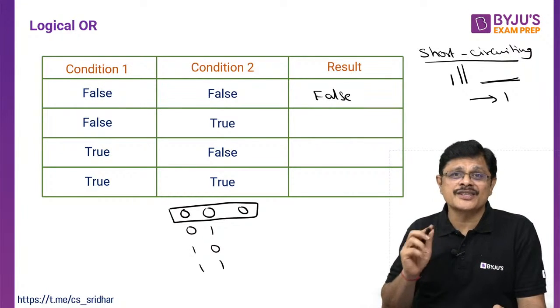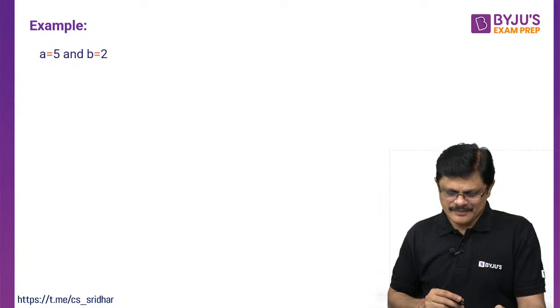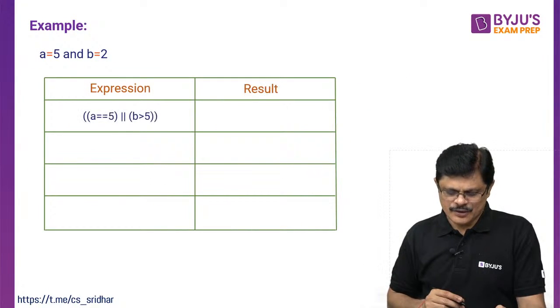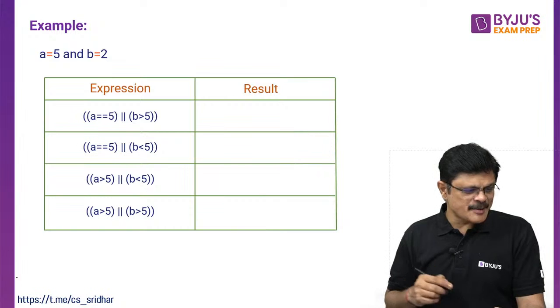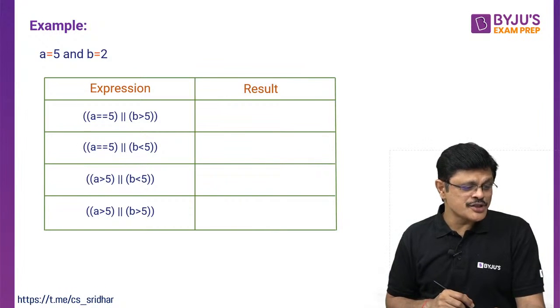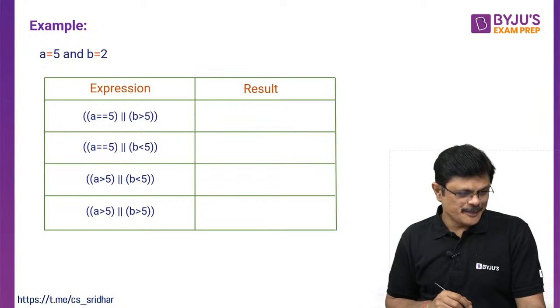First one is 1, short circuiting will happen. So please answer this quickly. You have to tell me which of these expressions will result in short circuiting. Out of these four, which ones will result in short circuiting? You have to inform me.